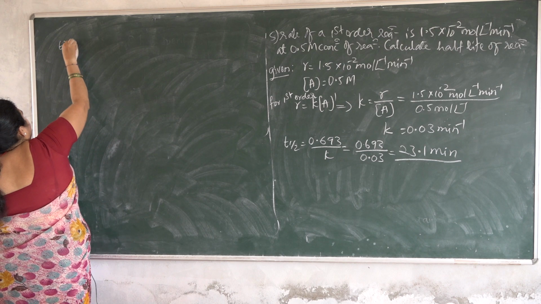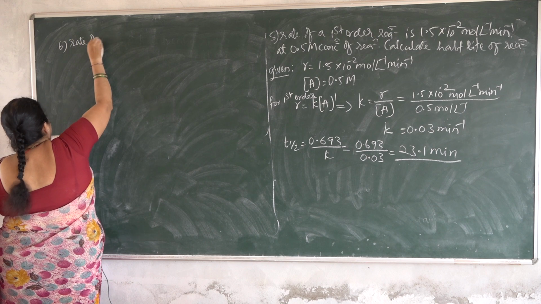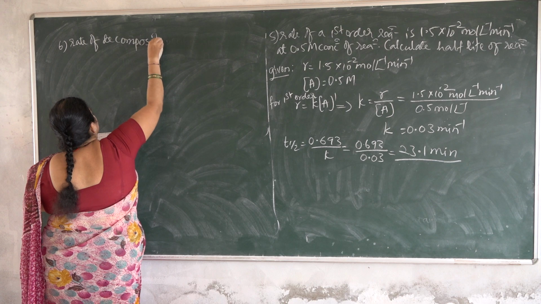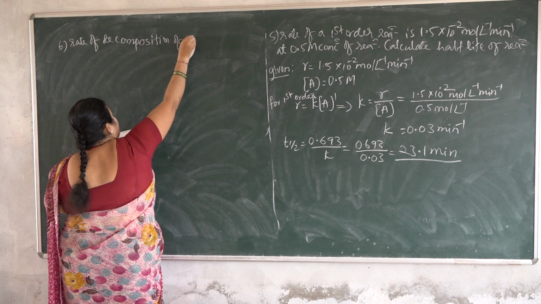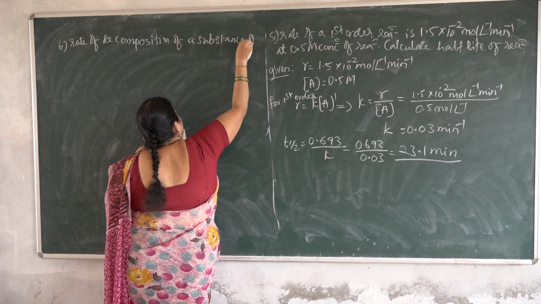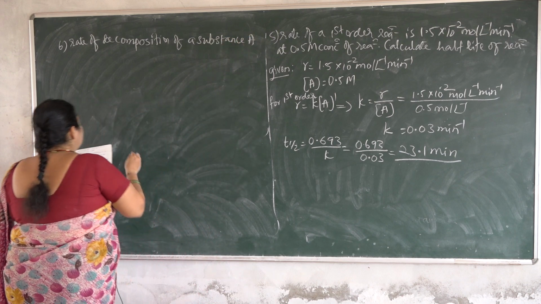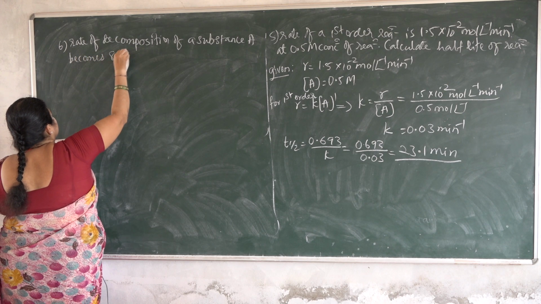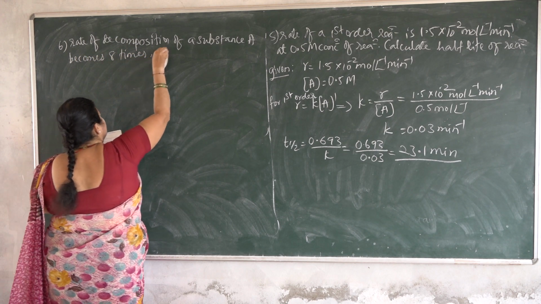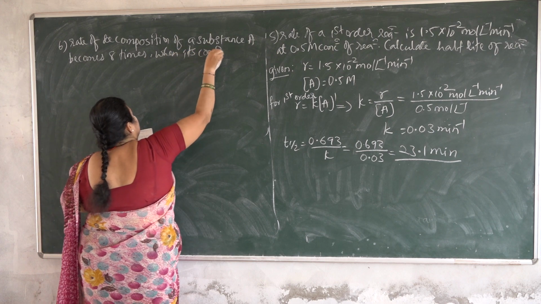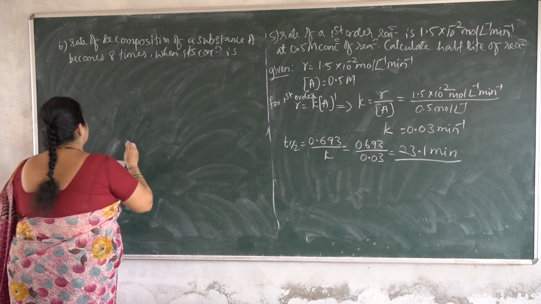The sixth one: the rate of decomposition of a substance A becomes 8 times when its concentration is doubled.